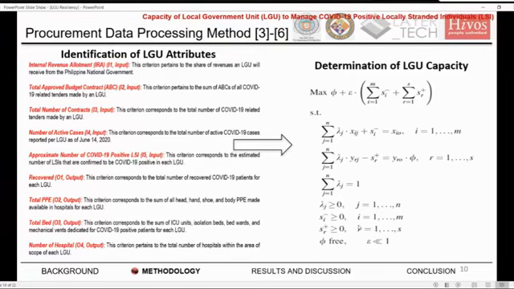All of these attributes were incorporated in an input-output model so that we can determine the capacity of the LGU to absorb or act on the arriving LSIs.